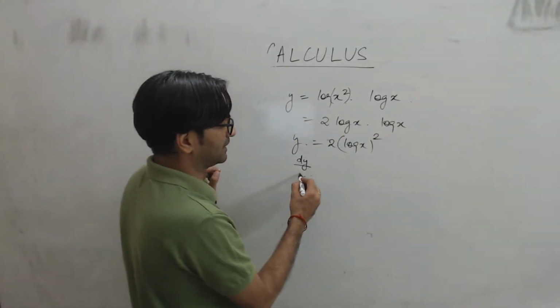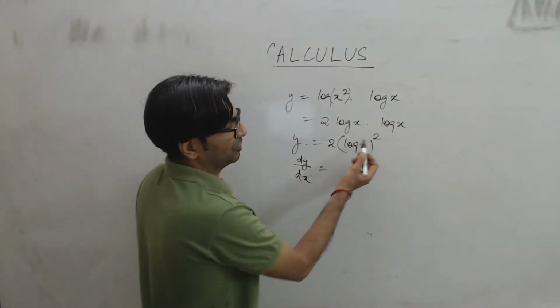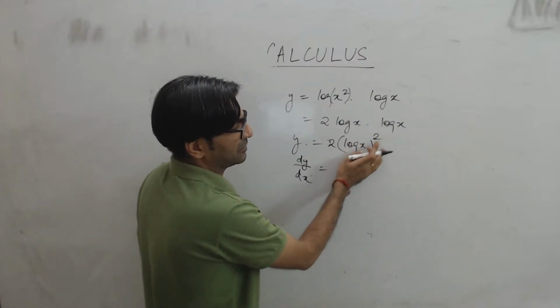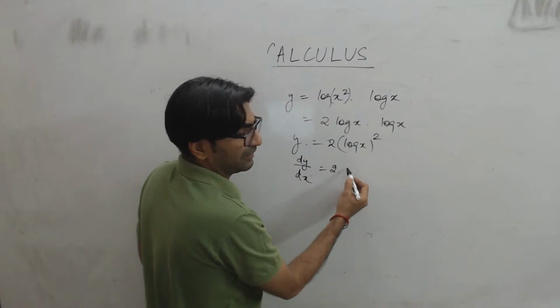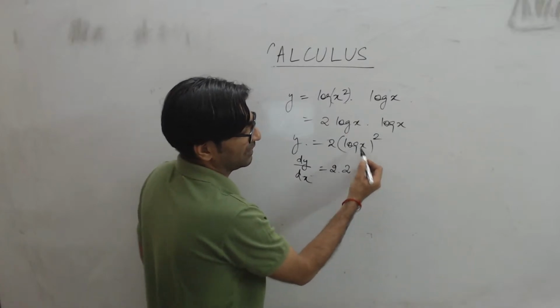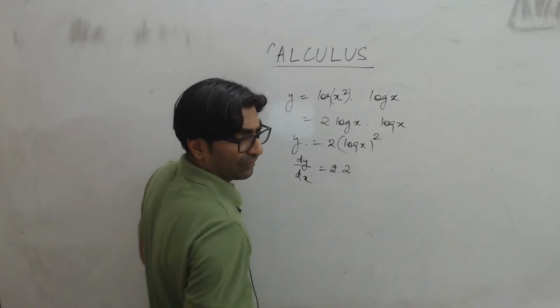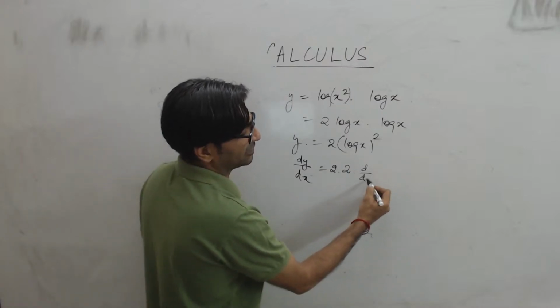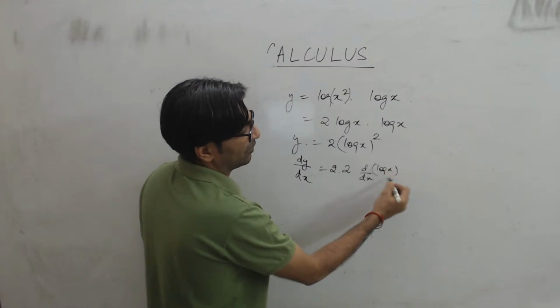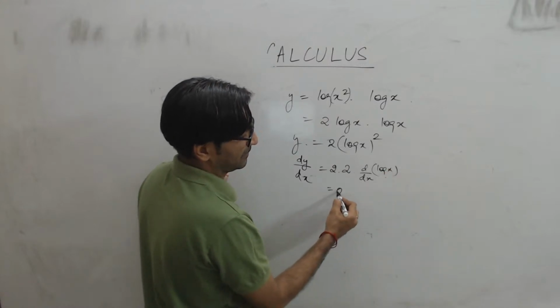So if this is the value of y, then I'm going to use the chain rule when I differentiate dy by dx. First you will differentiate. It's the square of a function, so the differential of the square is 2 times the differential of the function itself. So 2 times d by dx of log x. And what is d by dx of log x?